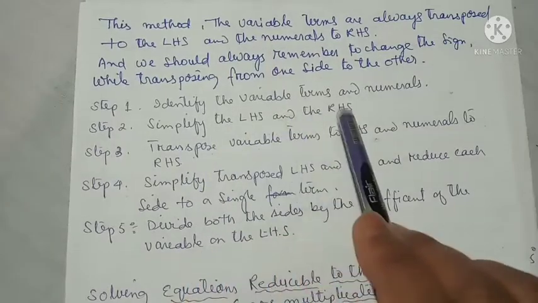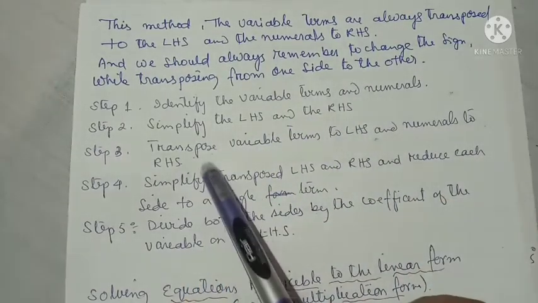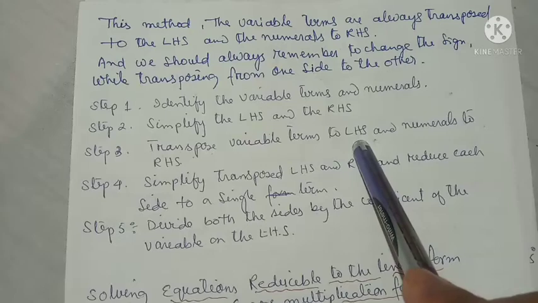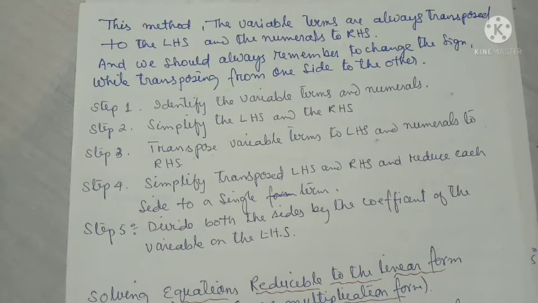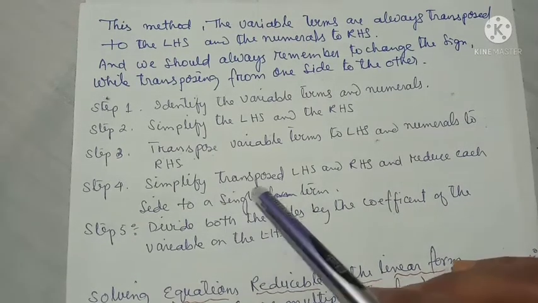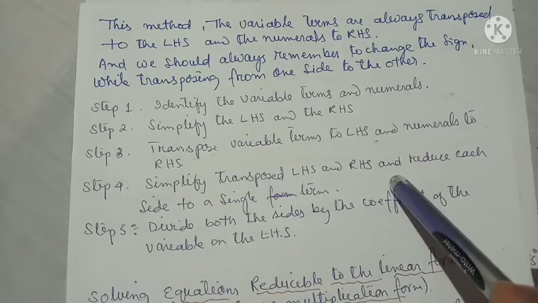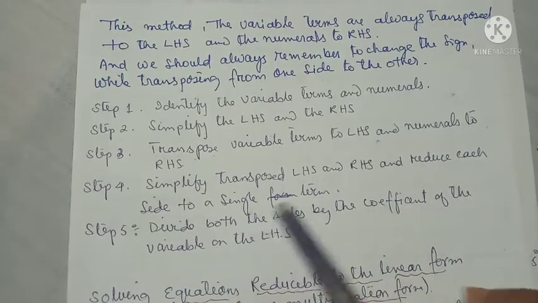Simplify the left hand side and right hand side. Transpose the variable term to the left hand side, and the numeral, the constant term, to the right hand side. Simplify the left hand side and right hand side and reduce each side to a single term.